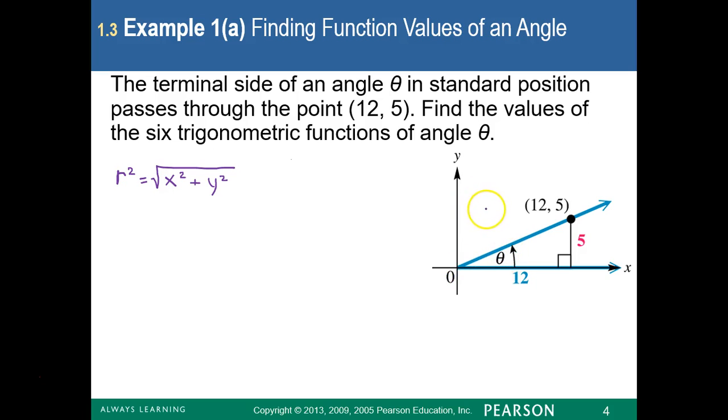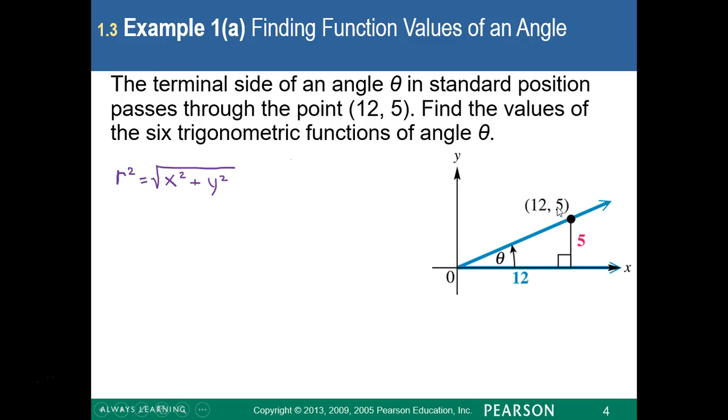Our initial side is on the x-axis, and our terminal side goes through the point (12, 5). So our x is 12 and our y is 5, the point (x, y).